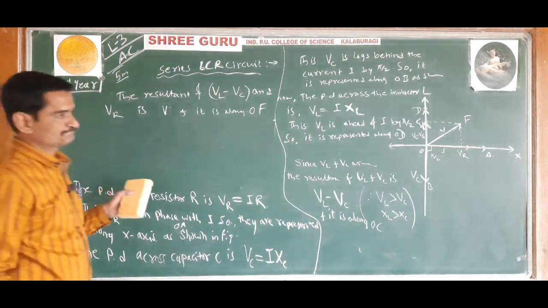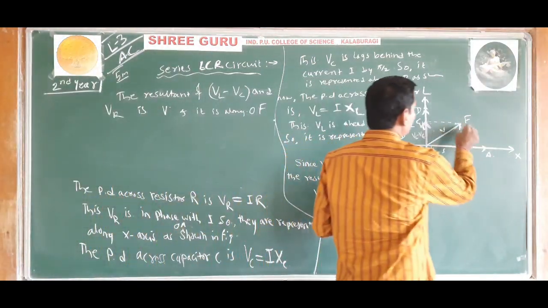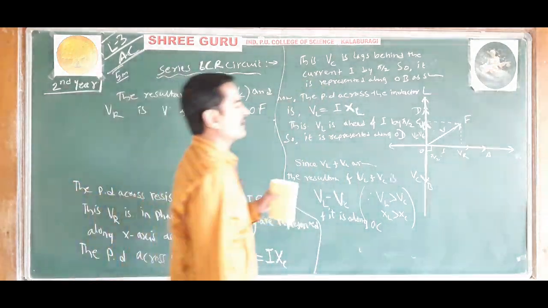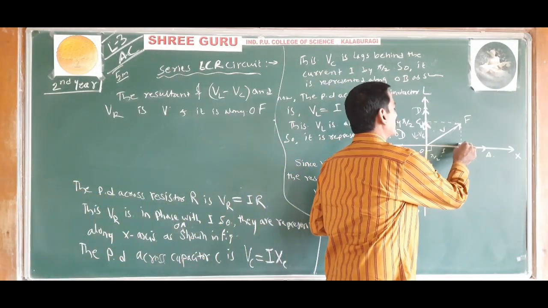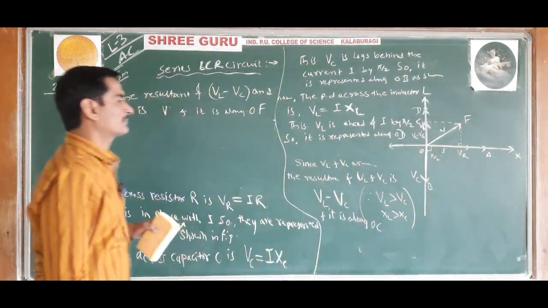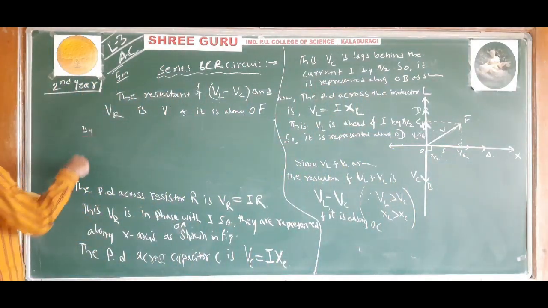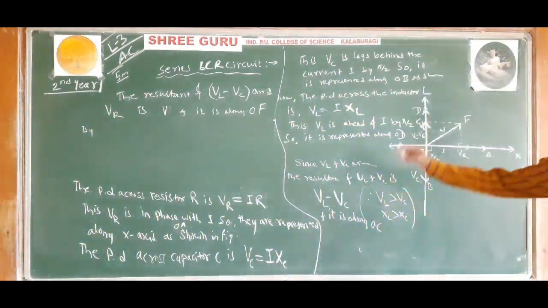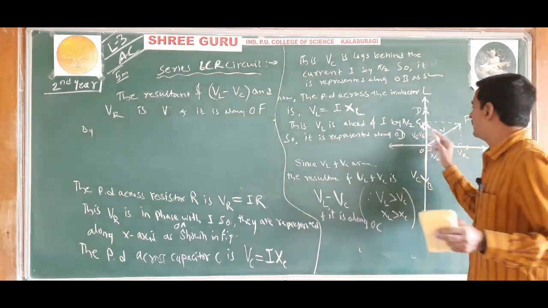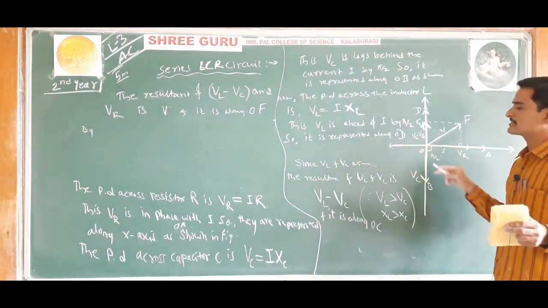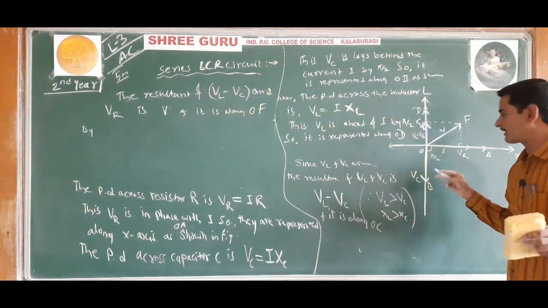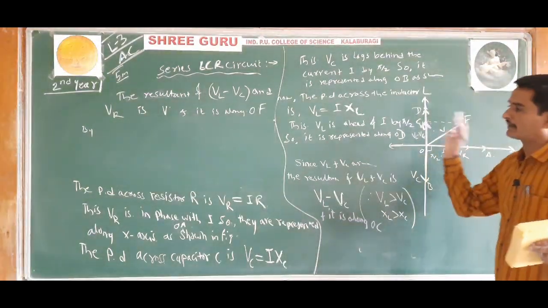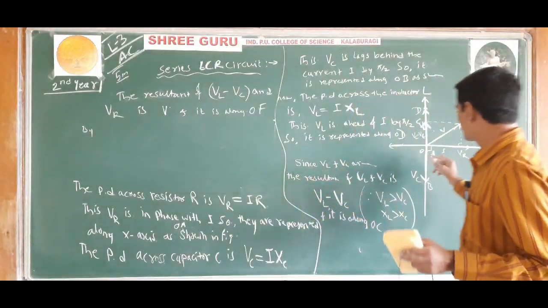Understood? And now from this right angle triangle, by applying the parallelogram law of vector addition, we can apply the law of vector addition to all these, that is voltage and current. All these are voltages: potential difference across inductor, potential difference across capacitor, the resultant of potential difference across inductor and capacitor, that is VL minus VC, and potential difference across resistor.